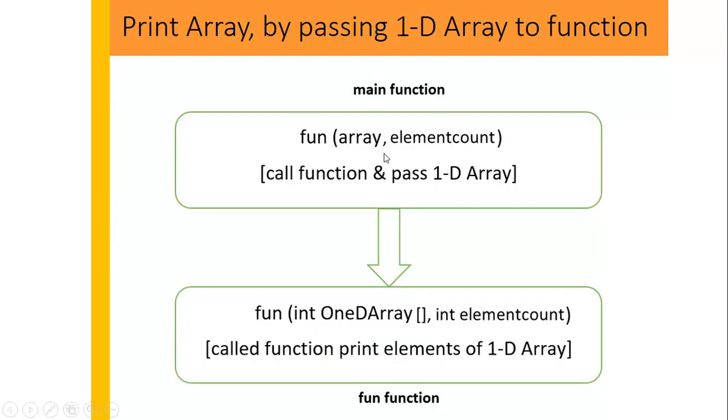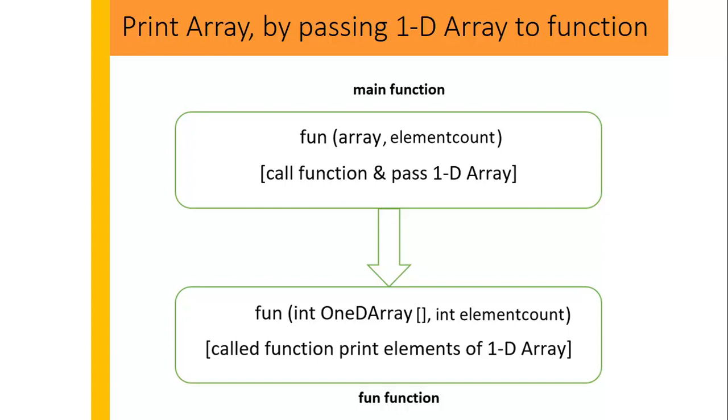In the next scenario, we are trying to pass the whole 1D array in one go to the function. For that we have a scenario in which a function called fun is called from main. When we call the function from main, we pass the whole array name instead of passing one element at a time, and the number of elements that the array has.